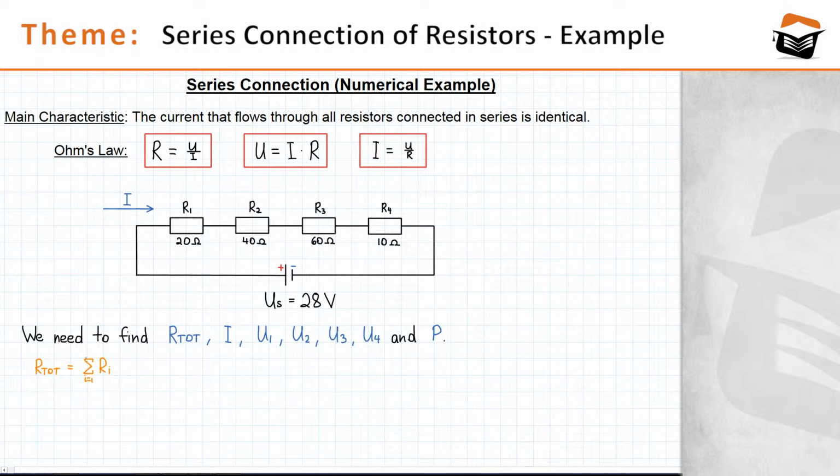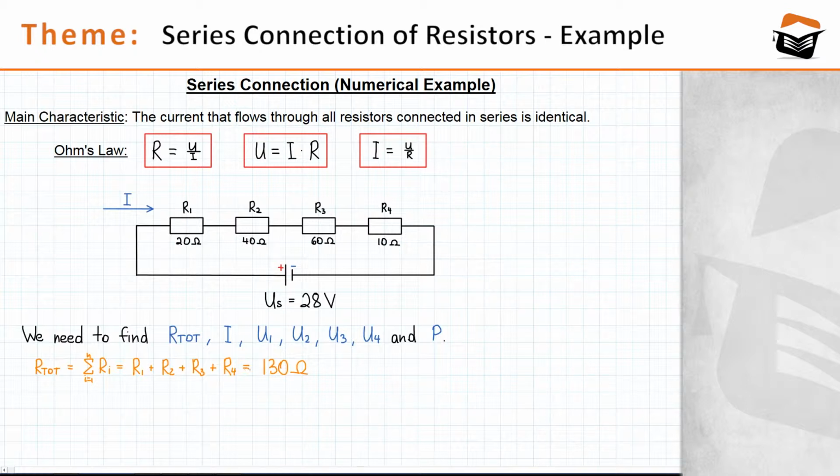And in our case, computing the sum requires us to add R1, R2, R3, and R4 together, and that gives us 130 ohms. Ohm is the unit of electric resistance.